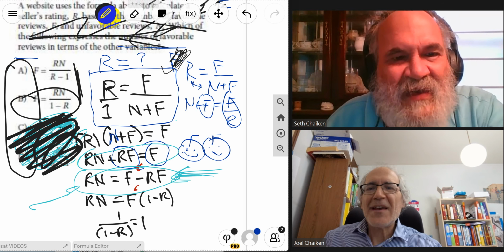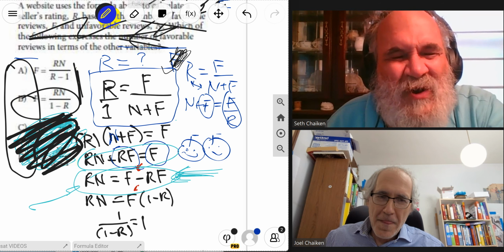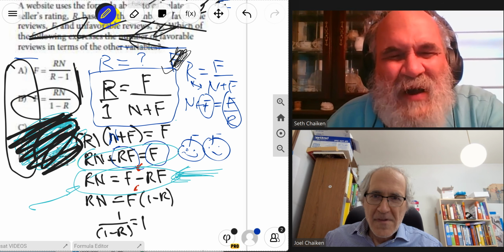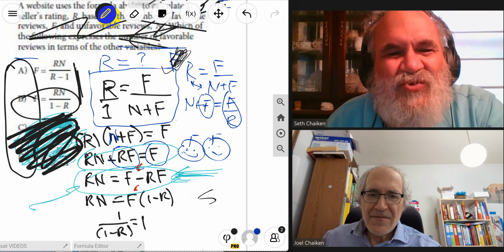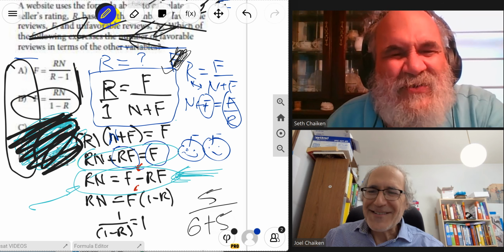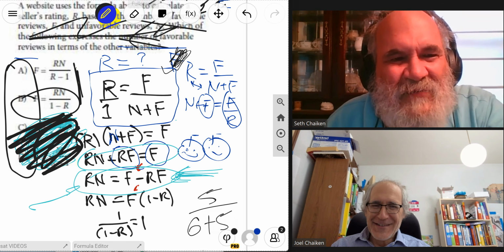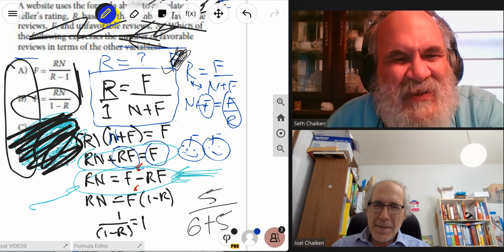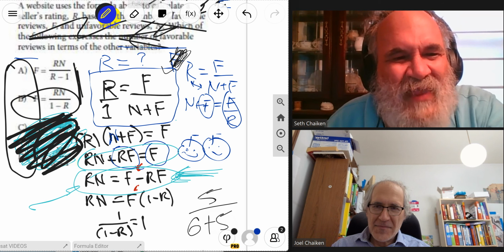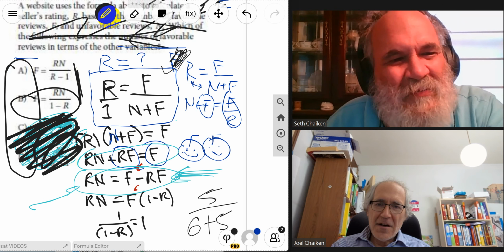Therefore, R is a ratio of a positive or possibly zero number. We know it's a fraction. Therefore, A is eliminated because if R is this fraction less than 1, the denominator is negative. So that's ridiculous. The only remaining answer is B.